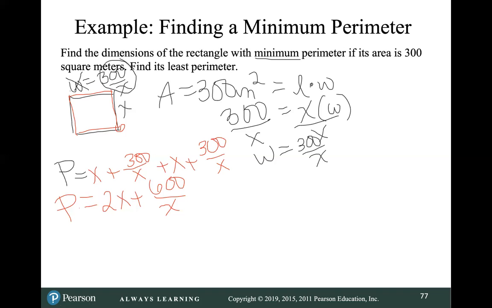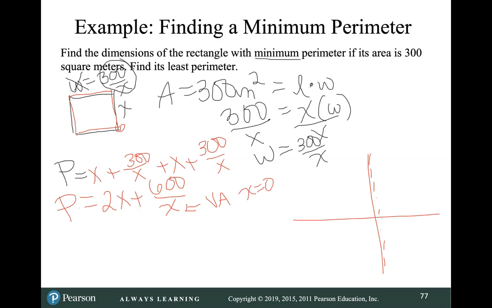Now, we should be able to recognize that because this contains the reciprocal function, this is a rational function. And so it's going to have a vertical asymptote at x equals 0, right? So we can kind of picture this. The quotient here is going to be a whole number, right? So it's probably got a horizontal asymptote somewhere, okay?